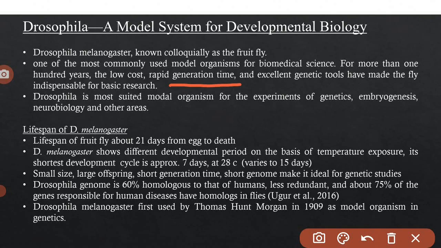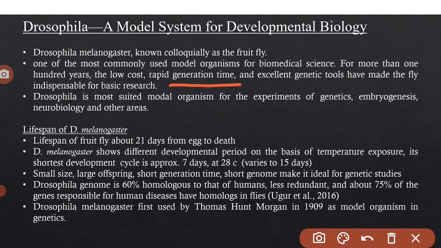Drosophila has been used as a model organism from very early in the biomedicine age. There are also excellent genetic tools available by which one can study this model organism.